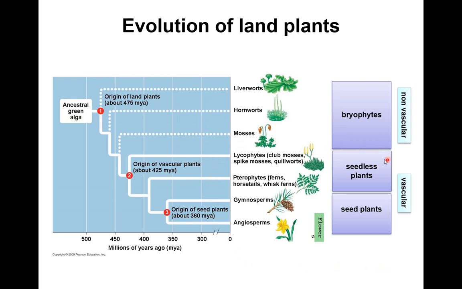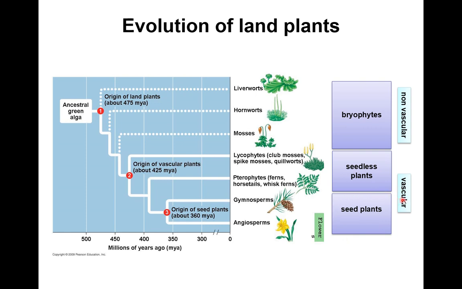Among these groups, we have some plants that are kind of in between bryophytes and vascular seed plants, which are referred to as vascular seedless plants. So these are vascular plants that do not include their early embryo within a seed. And these are plants belonging to these two phyla, lycophytes and pterophytes. We'll talk about that later on. Then, about 360 million years ago, we had finally plants that start producing seeds, encapsulating the early embryo into seeds.